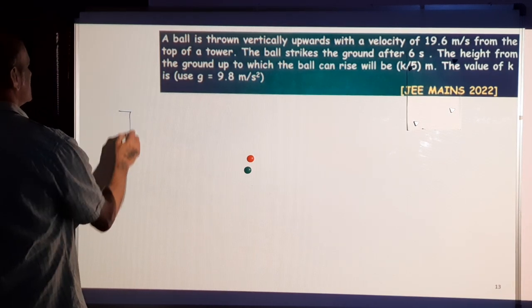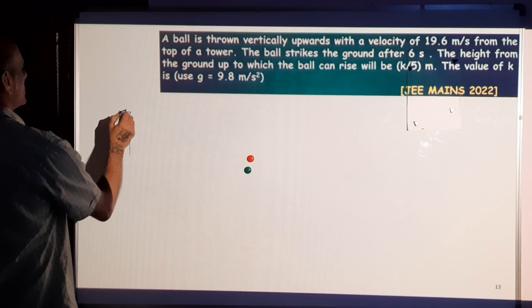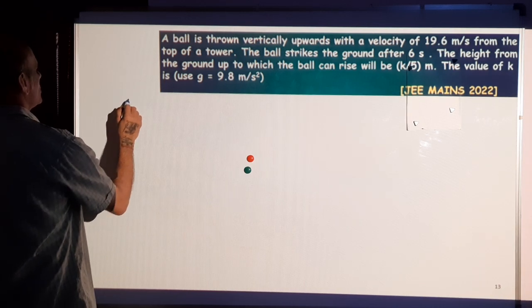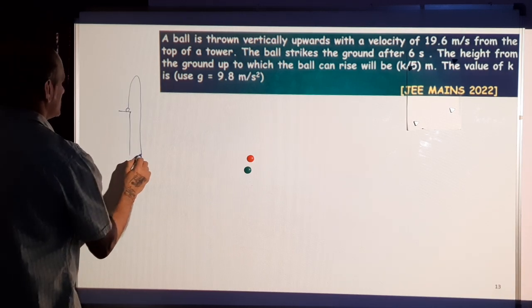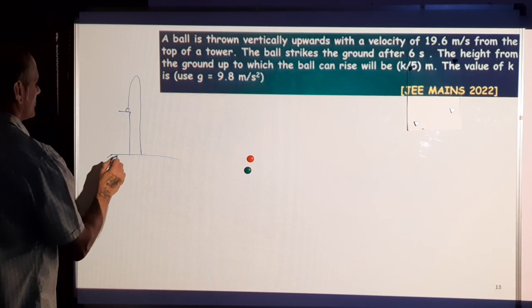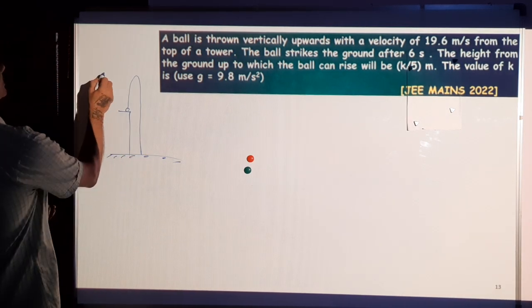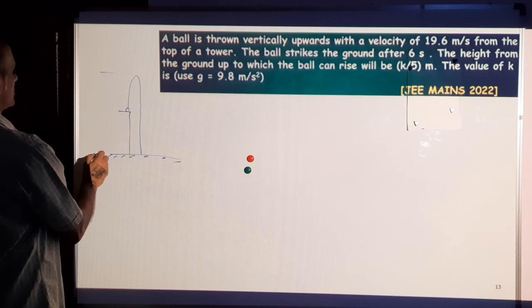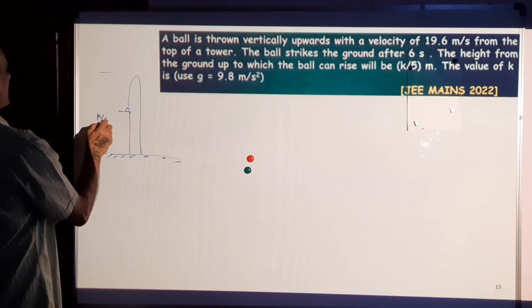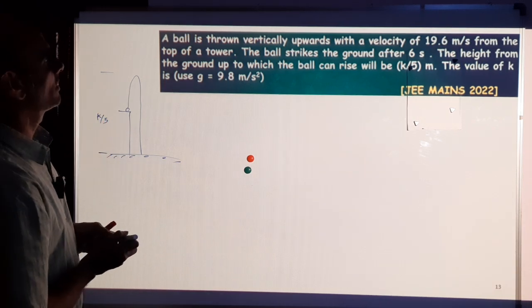So say this is the tower. The ball is thrown from here, it goes up and then it comes down. So this is the ground level. Okay, so the height of the maximum height point from the ground is k by 5, and we have to find k.